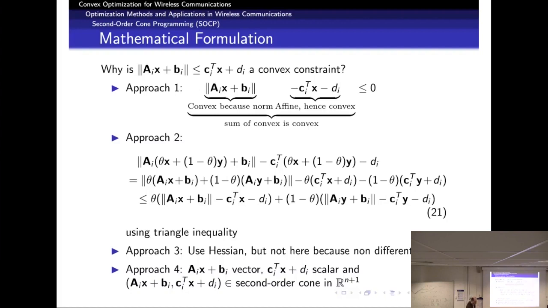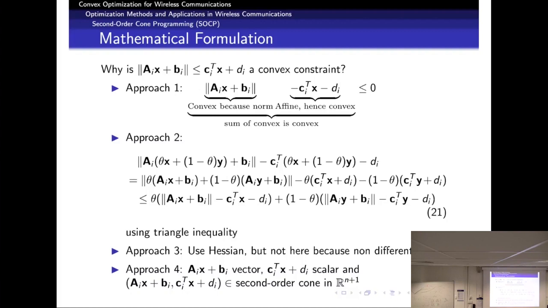The second approach is to go back to the definition of a convex function. Let's take two points, x and y, and take the segment between x and y, with any points within this segment.